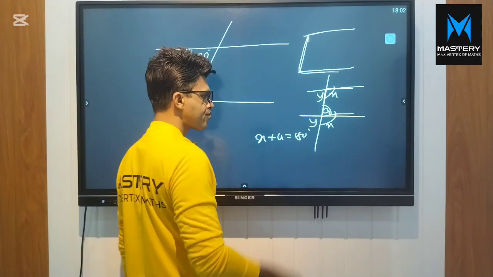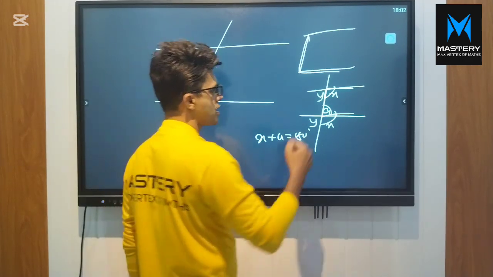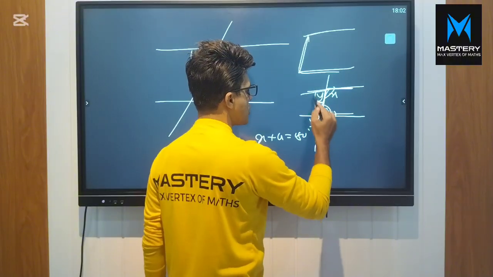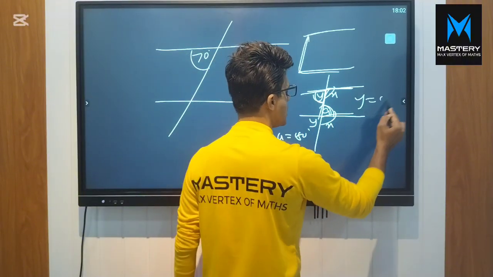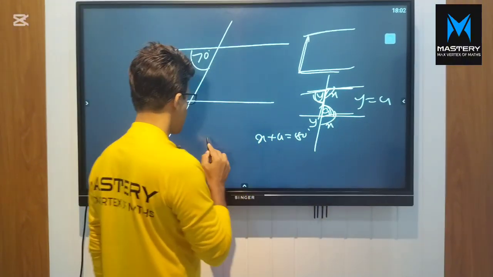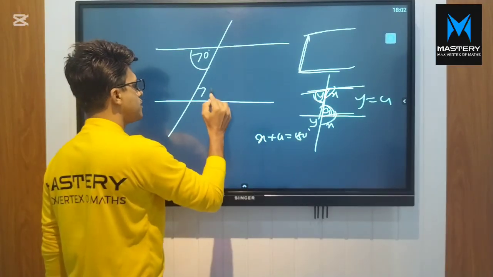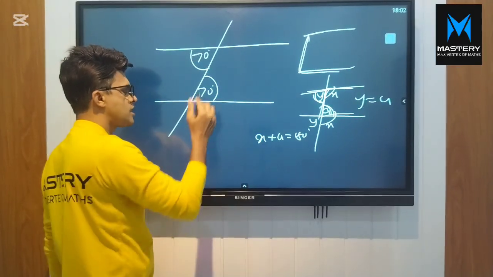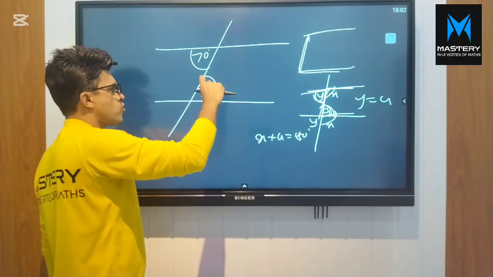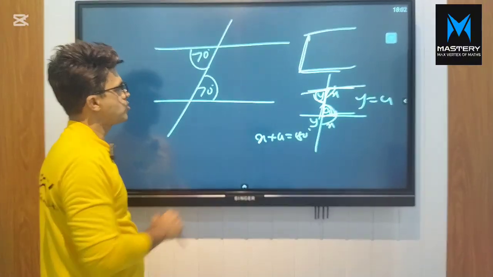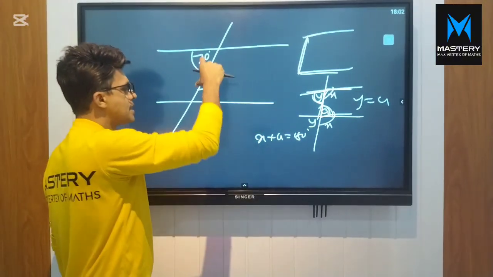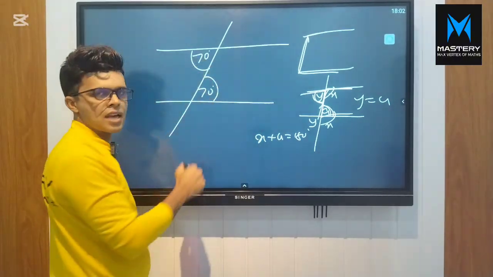And also Z shape. I mean this, if this is y, then y equals a. If these two angles are equal, I mean if this is 70, and this one also 70, if these two angles are equal in magnitude, then these lines are parallel. The reason is alternate angles are equal.